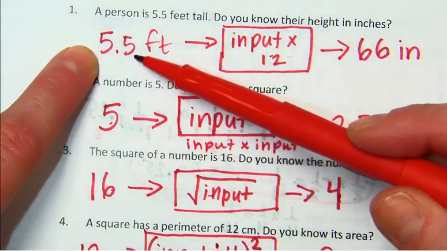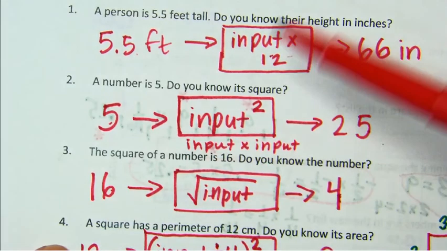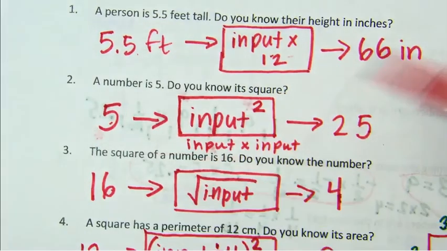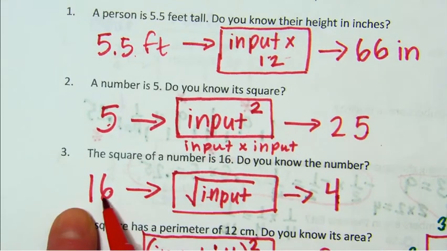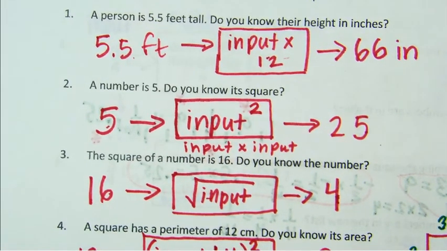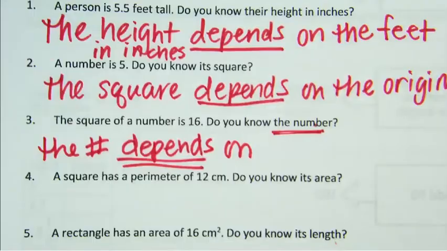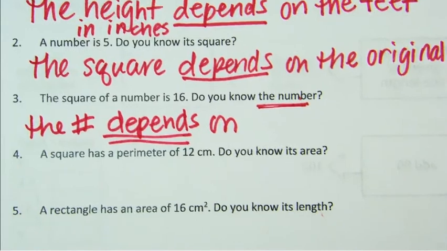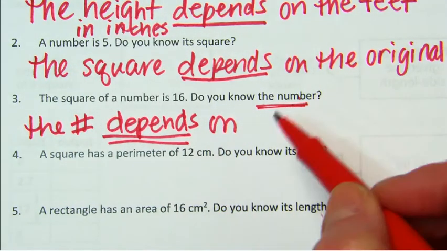Every time, our original number has been the input, right? So in this case, my final number depends on what the input number is. So instead of saying the original number, I'm going to call it the input. Is that okay? I'm just trying to save us some pencil. So the number that we get depends on what the input was.